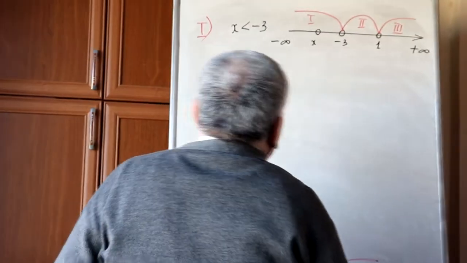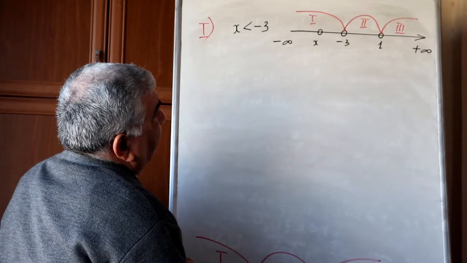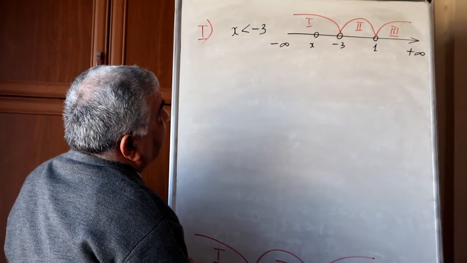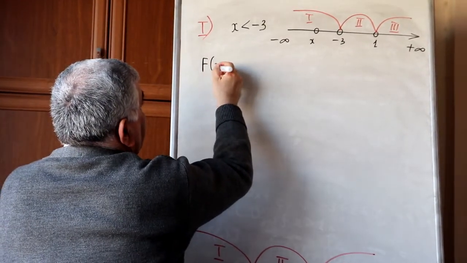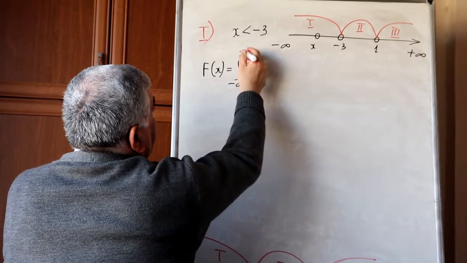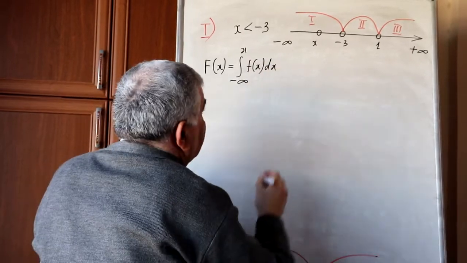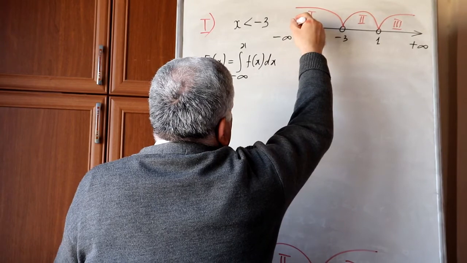But here integration is made until x, because F of x is the integral from minus infinity to x of f(x) dx. That is, integration is conducted in this interval.